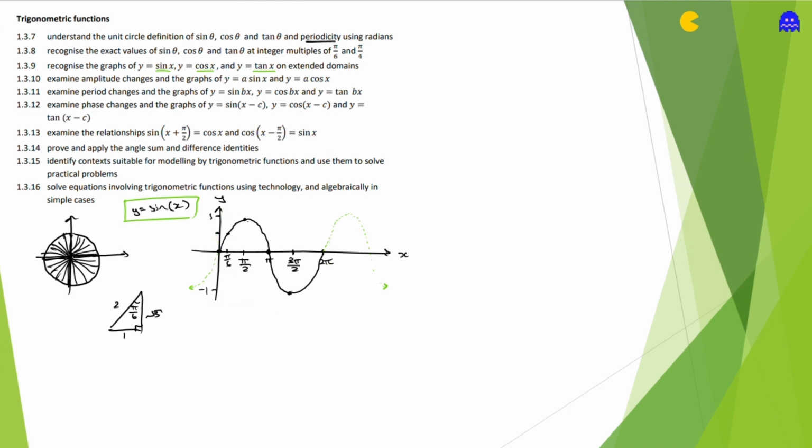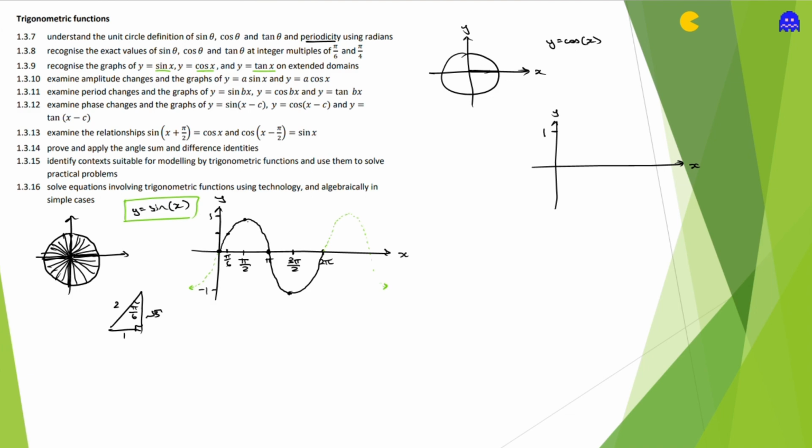Okay? In the case of y equals cosine x, we have a slightly different graph, and we have our y, our x, we have our origin. If we look at y equals cos x, at x equals 0, we have cosine of 0, which is equal to 1.